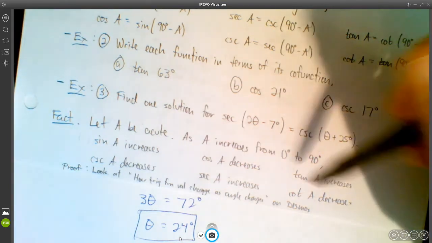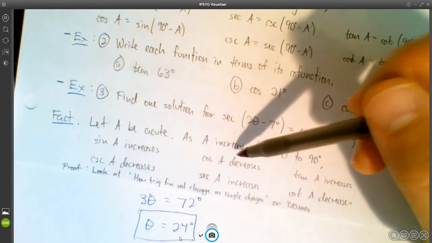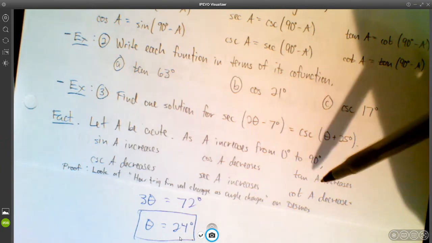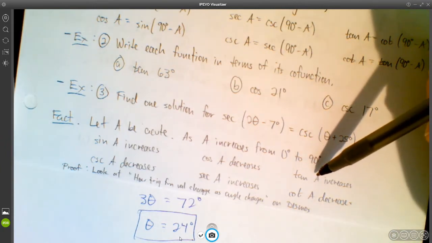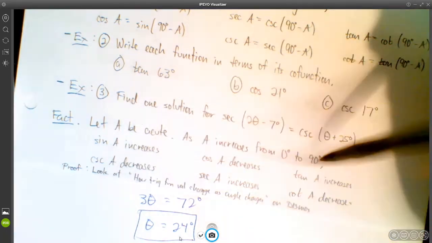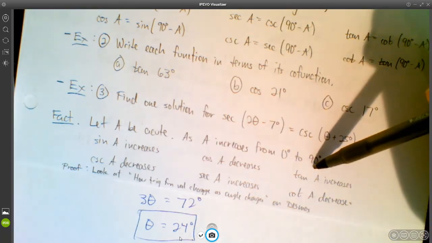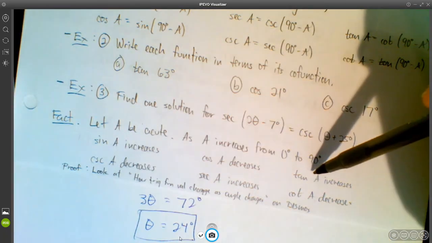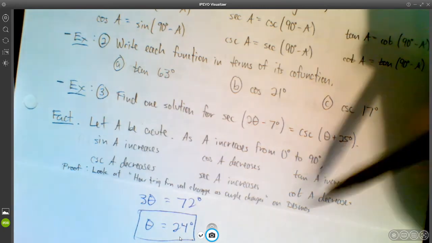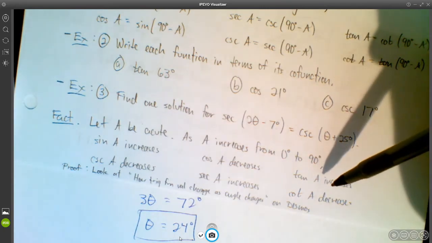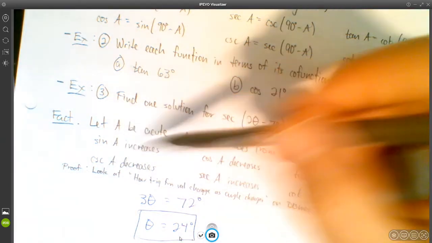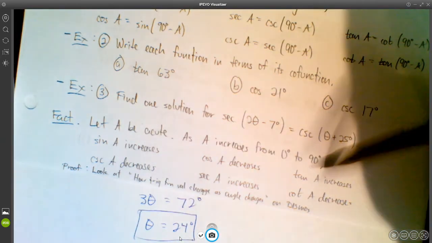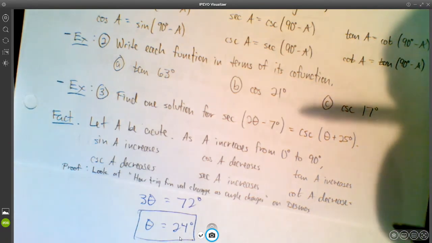I mean, this isn't quite right because sine lives between -1 and 1, but I'm talking about the ratios here. So 5/10 is the same as 1/2. But if sine increases to 10 and cosine decreases to 5, then tangent would be 10 over 5, which is 2. So tangent is also going to be increasing.